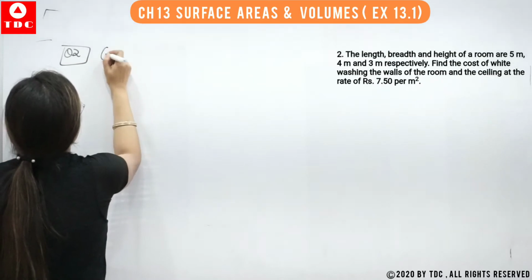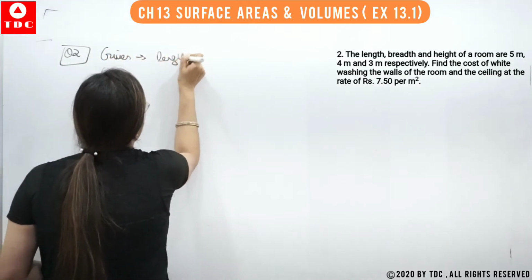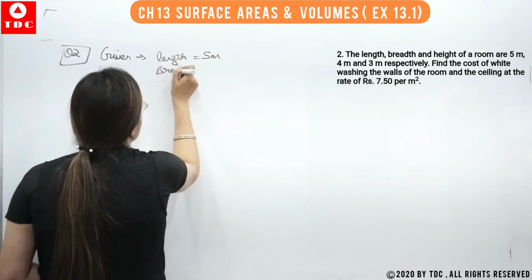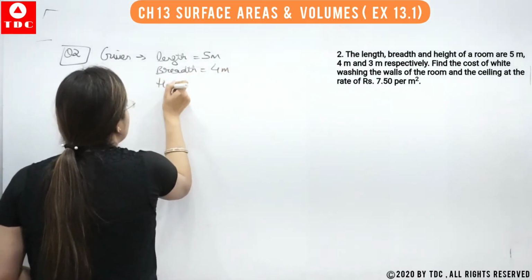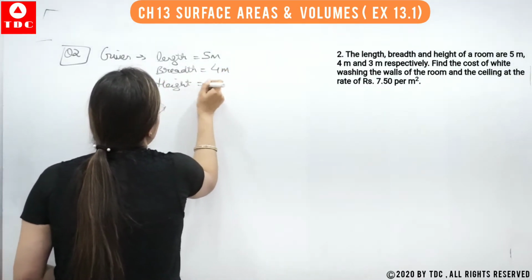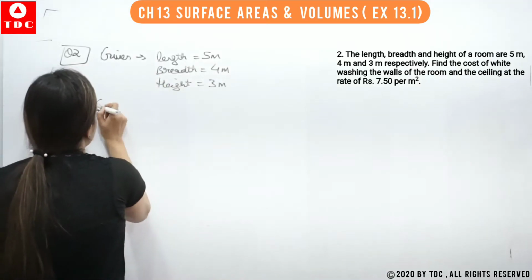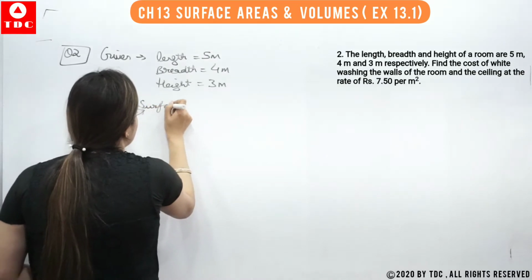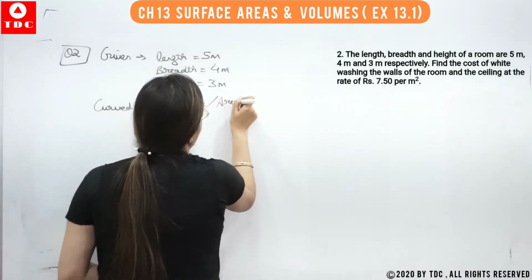Okay, what is given first? Length 5 meter. Breadth 4 meter, height 3 meter. Okay, now what will be the curved surface area or area of 4 walls?